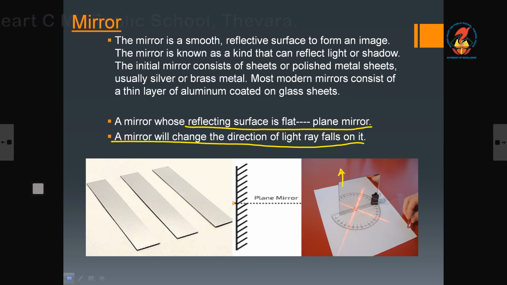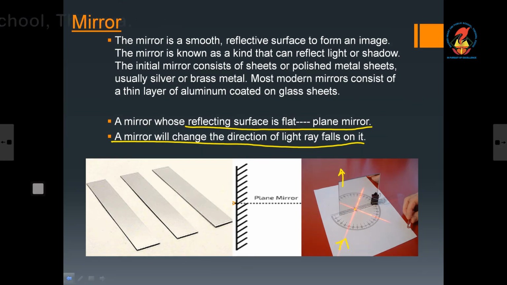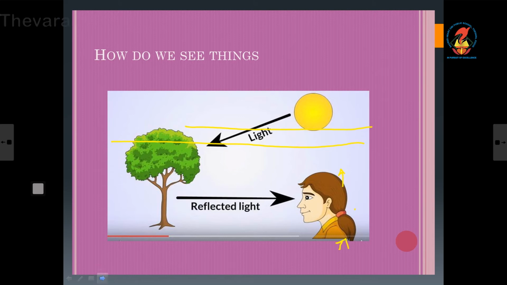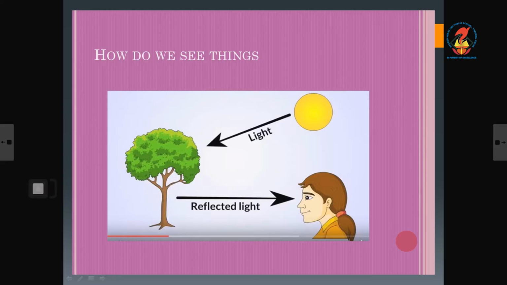Here you can see the light ray. This is the light ray that falls on this mirror, and that light ray will be reflected back. Okay. Then how do we see things? This is our natural source of light, the sun.